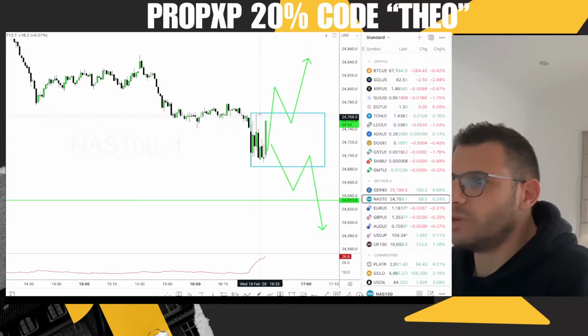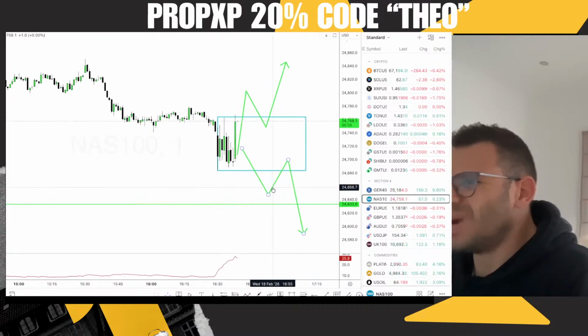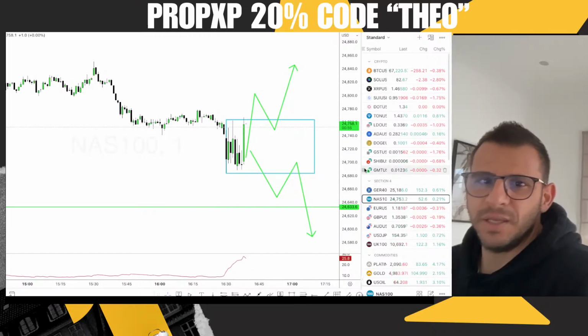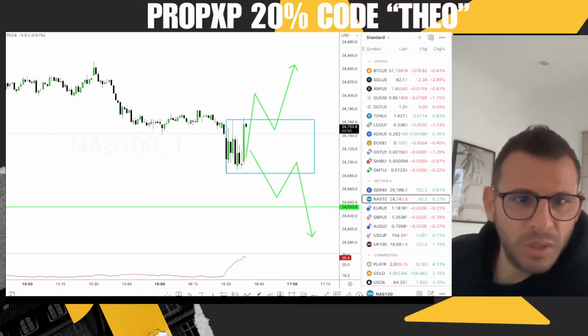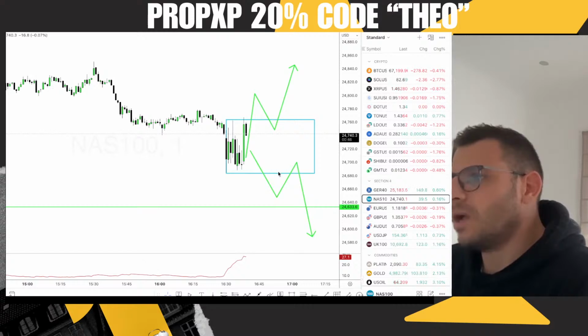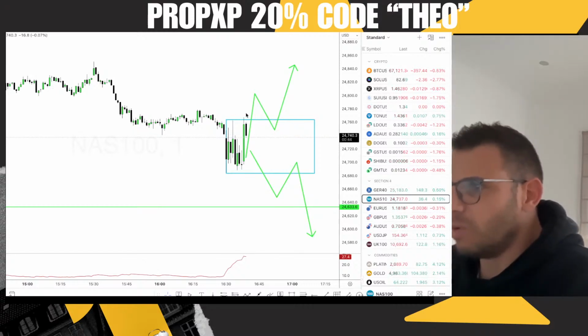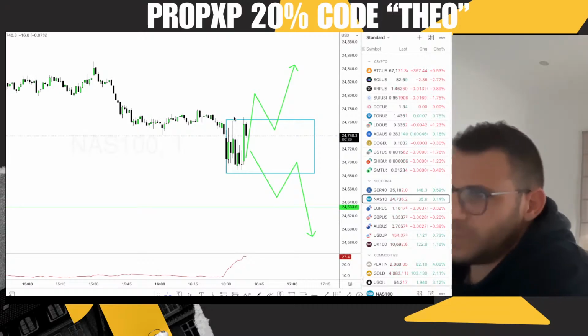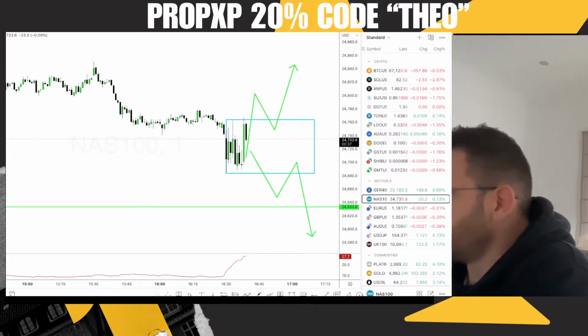The reason I draw the retracements inside this rectangle is because the price usually does these behaviors, and you don't always expect the price to stay below the low or above the high. Usually we see these fluctuations within the consolidation area.